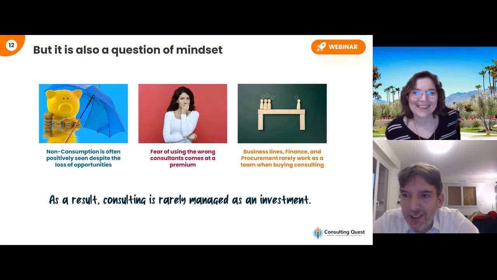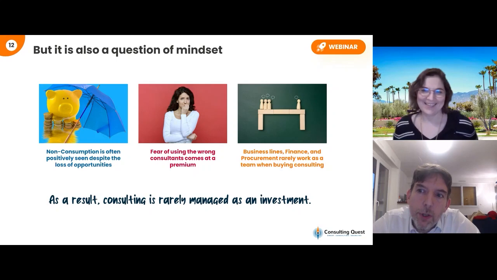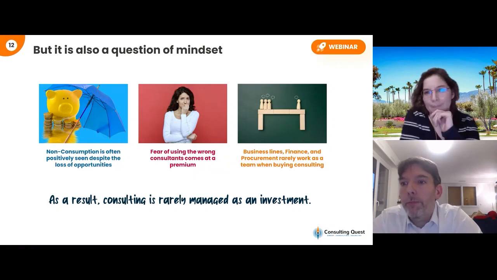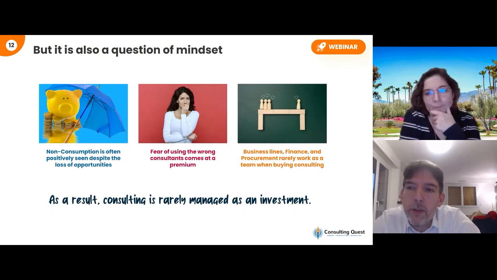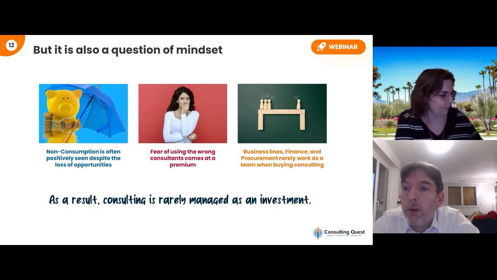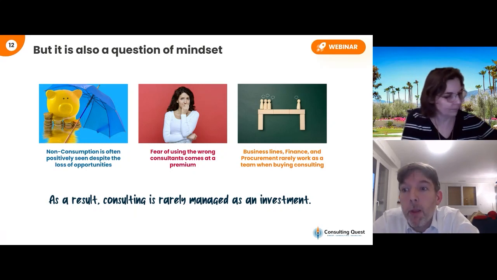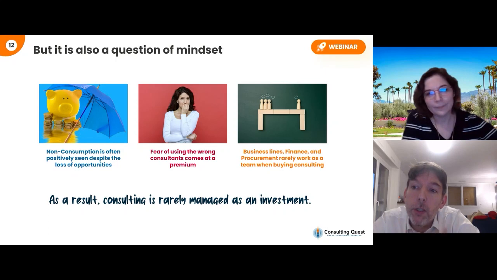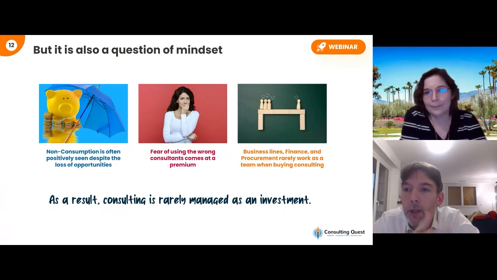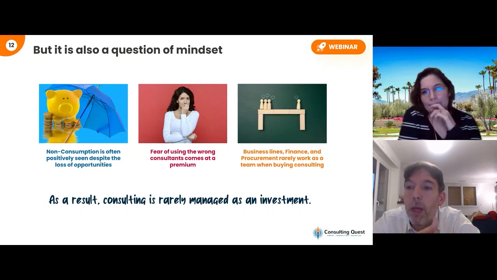I faced recently a situation like this where if you use a consultant, you can speed up your savings program by 3 months. And at the end of the day, it's a savings program that can yield something like 10 million of savings per year. So using some external support to accelerate things will bring you an extra 2.5 million by 1 quarter. But you will have to explain that you're working with consultants, and consultants are not well seen, or they are not popular because they spend a lot of time here because there was a merger and blah, blah, blah.